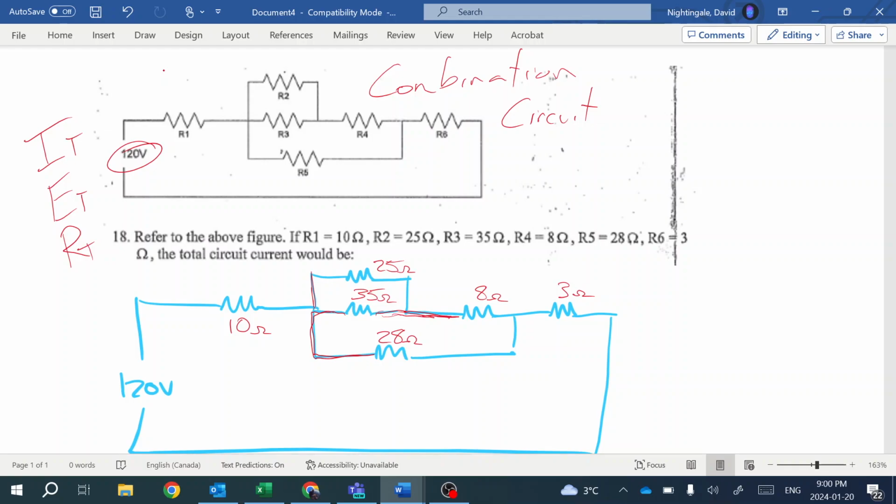It has to go through that 8 ohm resistor first, which means they're not sharing the exact same voltage, which means they're not directly in parallel. And so we cannot condense those together. So the only resistors that are directly in parallel are these ones here.